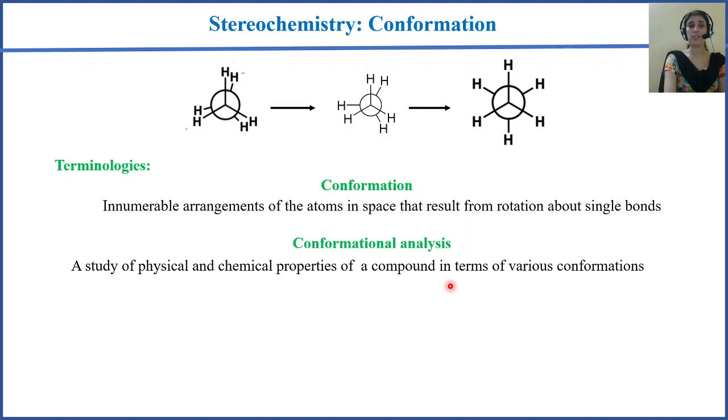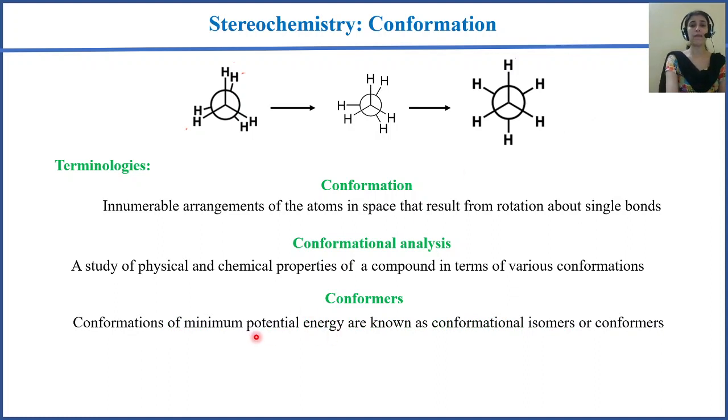Conformational analysis is a study of physical and chemical properties of a compound in terms of various conformations. As I discussed, this is a conformation and this is another conformation, but they vary in their physical and chemical properties. So this study is known as conformational analysis.